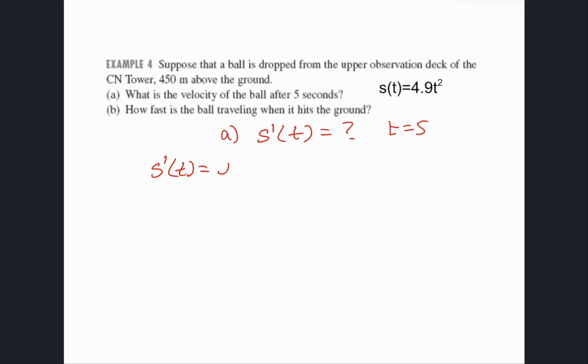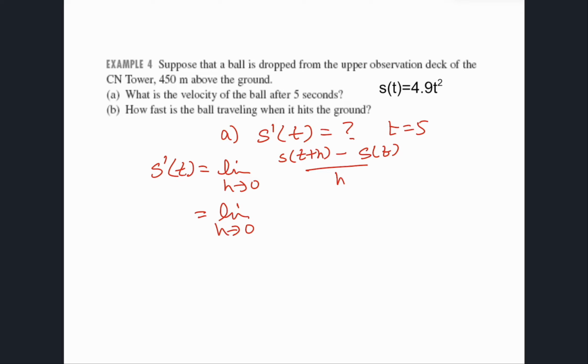We're going to take the limit as h approaches 0 of s of t plus h minus s of t, all over h. The a's are a time of some sort, so we'll put t, and then the h is just our generic h.